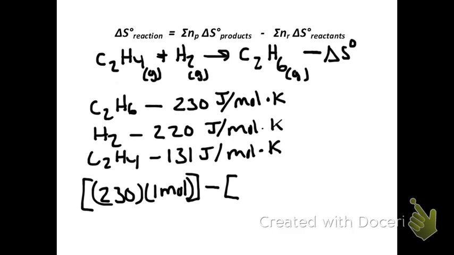So let's take hydrogen, which is 220, and multiply that by 1 mole of hydrogen, and then add that to 131 times 1 mole of C2H4.